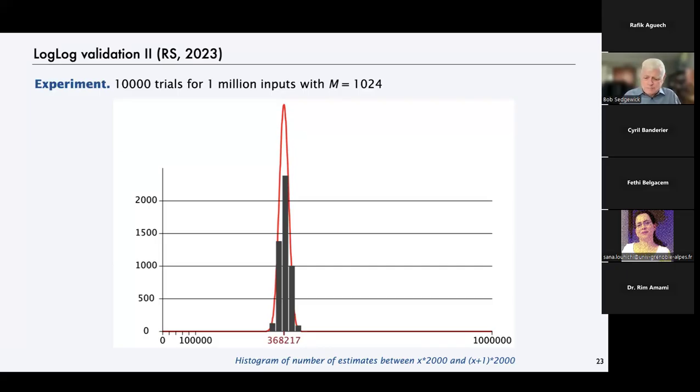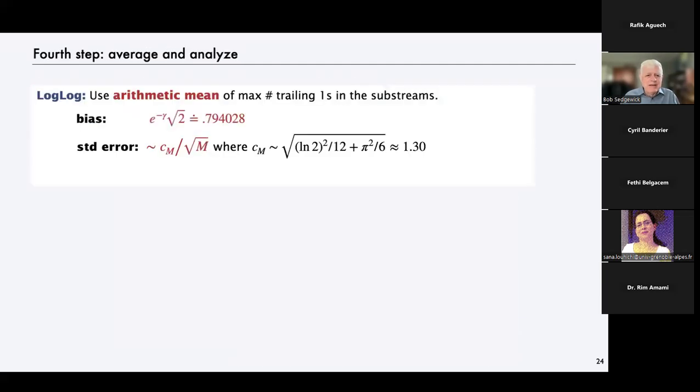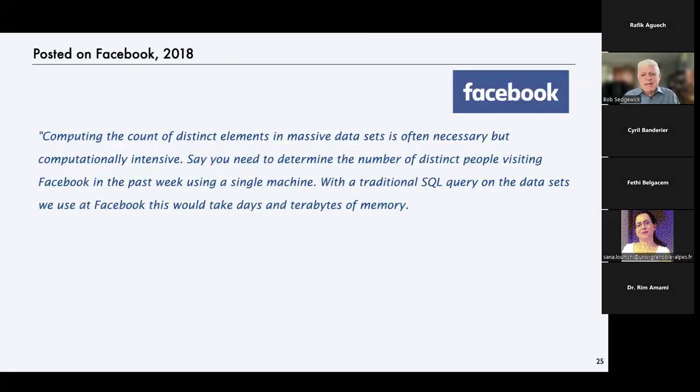That's a hypothesized distribution. Again, hyperlog is all different math because it's a geometric mean, but still it's got a similar kind of hypothesis and result.